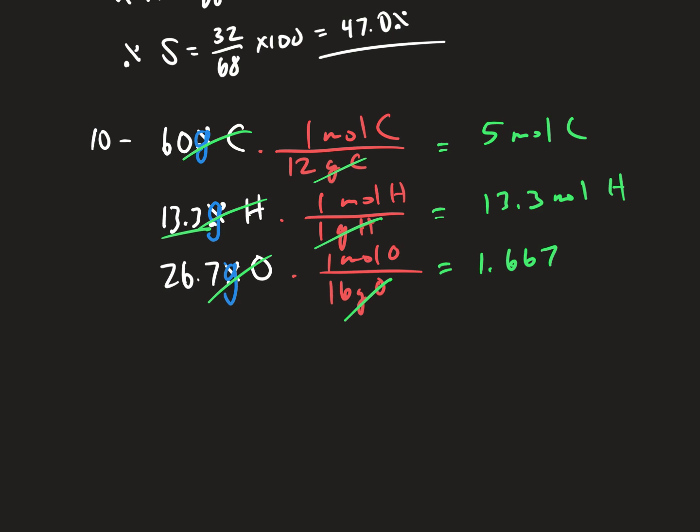Let's have 3 decimal places. 1.667. Is that right? Yeah, so try to have 3 decimal places. If you want, you can add the zeros, no big deal, but that doesn't really do anything, right? Okay? All right, what's our next step?